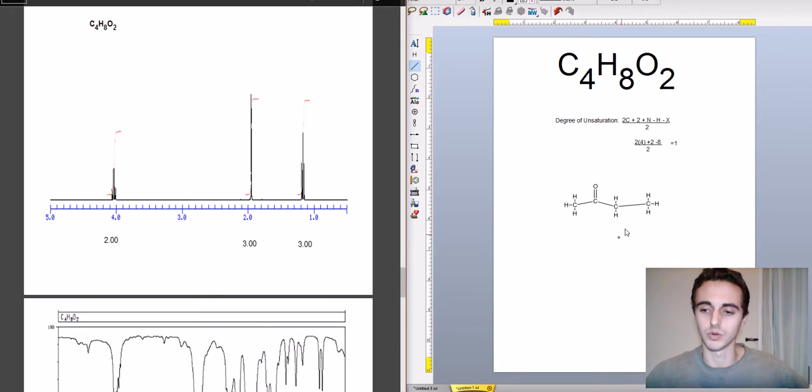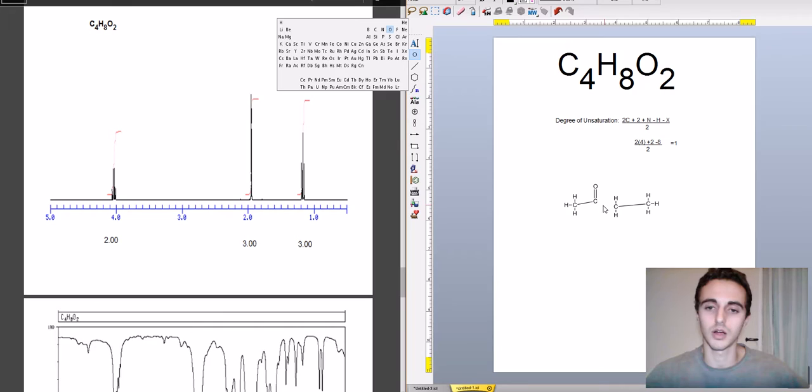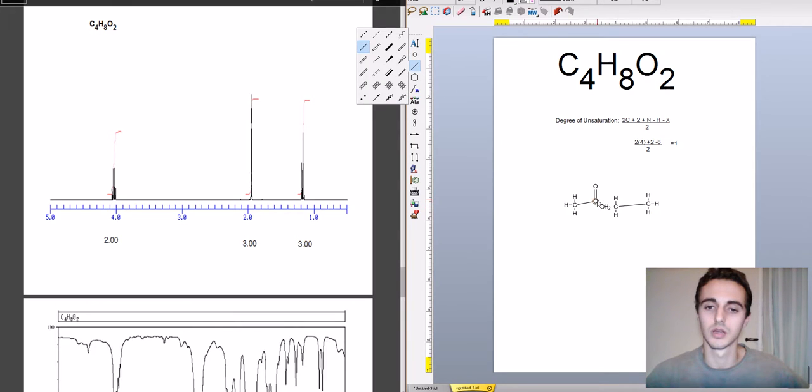Neither does this one. So because we know this carbon here is being pulled downfield because of this carbonyl, it's safe to say that if we erased here and put that last oxygen in, that could be our solution.